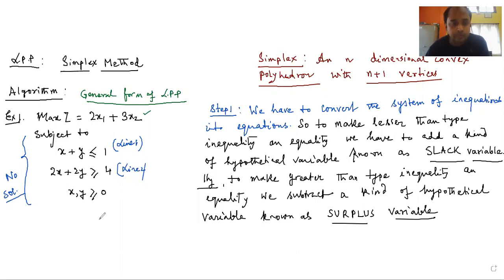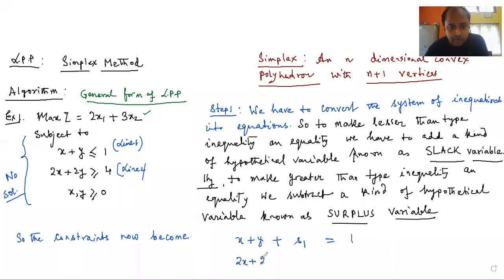Okay, so the constraints now become x plus y plus, say I'm naming a variable of my choice, S1, which is your slack variable because it is getting added, equal to 1, and 2x plus 2y.